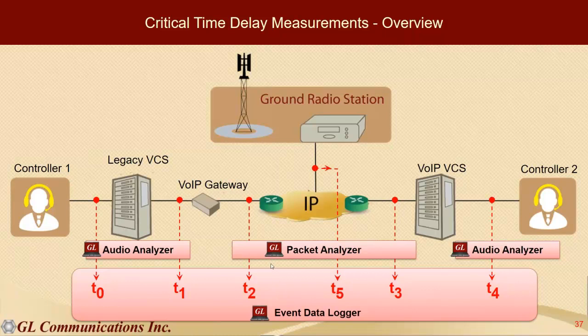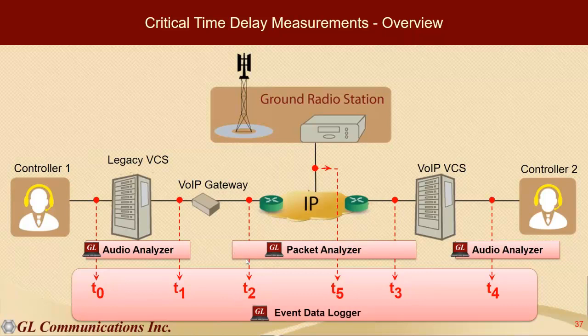Typically what we've seen so far is that it's been fairly local, a local transmission. So the packet analyzer and audio analyzer being geographically local, the event data logger being there as well.